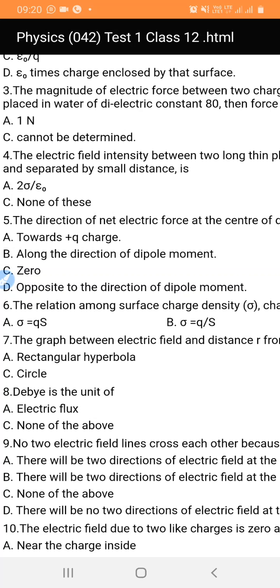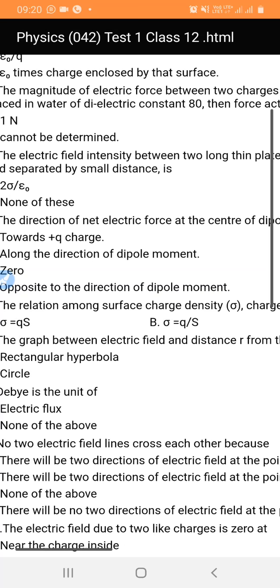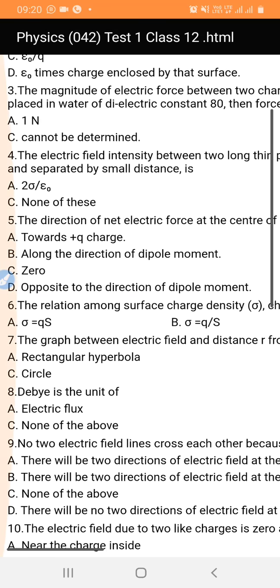So you should remember the electric field intensity due to a thin infinite plane sheet at a point is given by E equal to sigma upon 2 epsilon naught. So here the answer will be D, sigma upon epsilon naught between two plates. You can find it in the class notes. This was also explained.